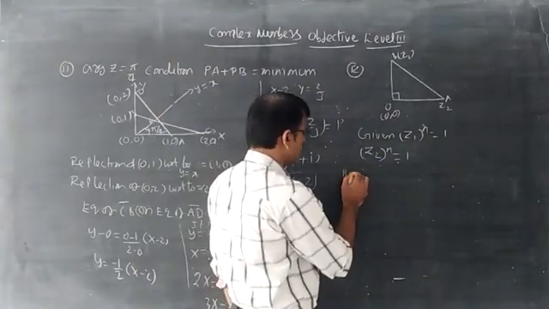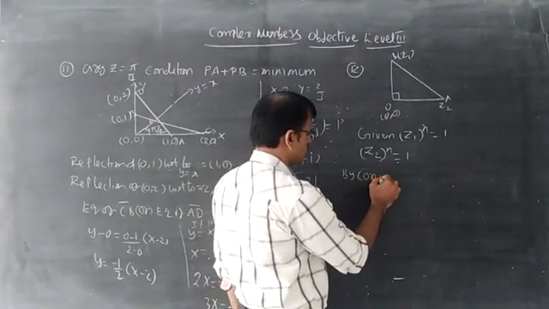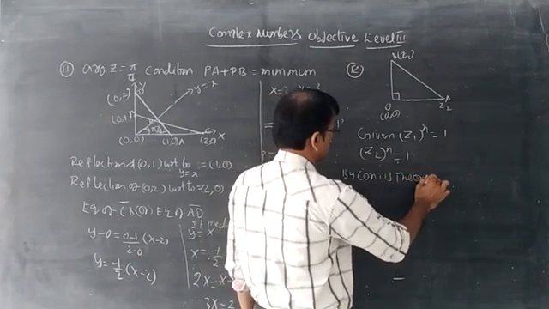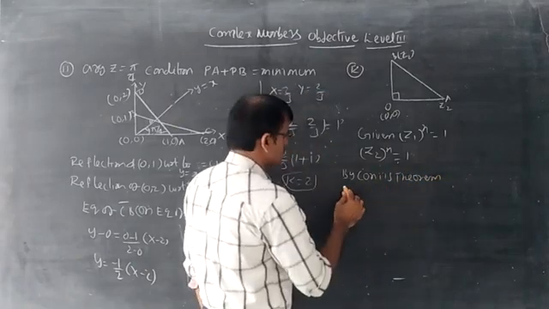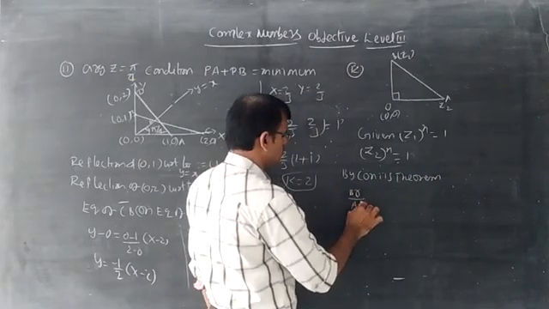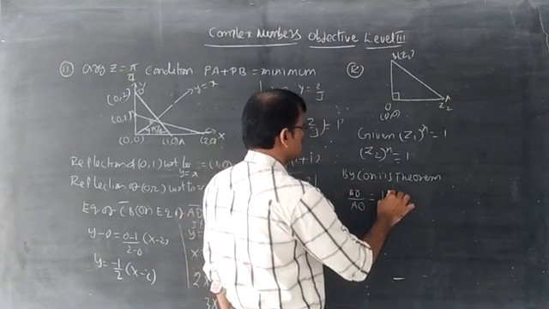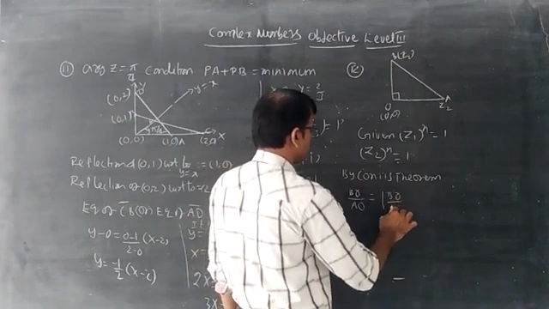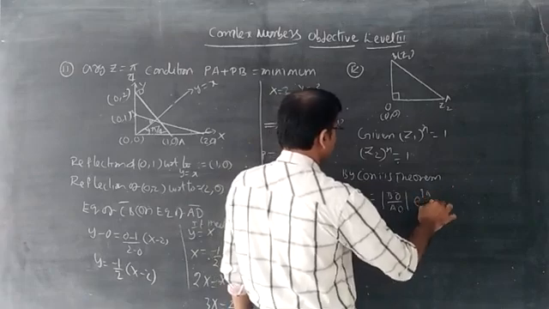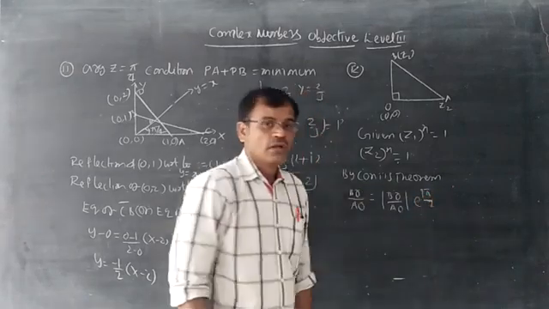Now by Coni's theorem you can write, BO by AO is equal to modulus of BO by AO into e power i pi by 2.